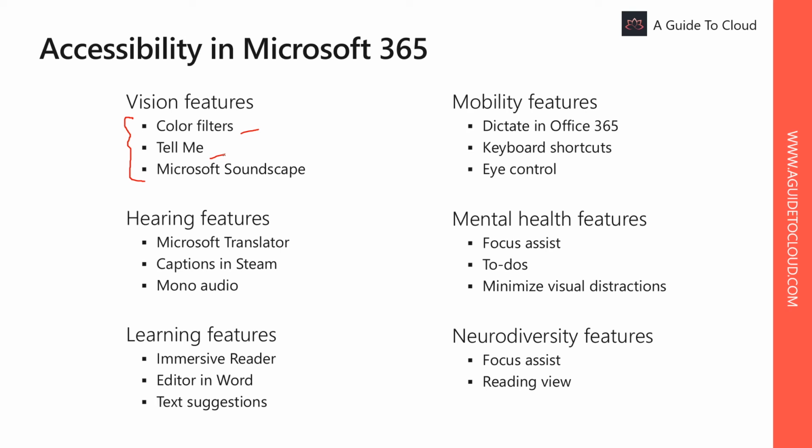Microsoft Soundscape uses innovative audio-based technology to enable people with blindness or low vision to build a richer awareness of their surroundings, thus becoming more confident navigating new environments. Some of the hearing accessibility features include Microsoft Translator, auto-generated captions, and mono audio.